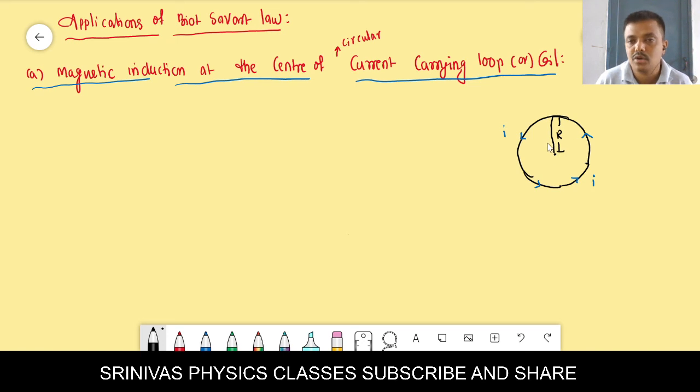Capital R is the radius of the coil. I want the magnetic induction at the center due to this current carrying coil. B, I want to find out at the center. Then what is the procedure according to the Biot-Savart law?